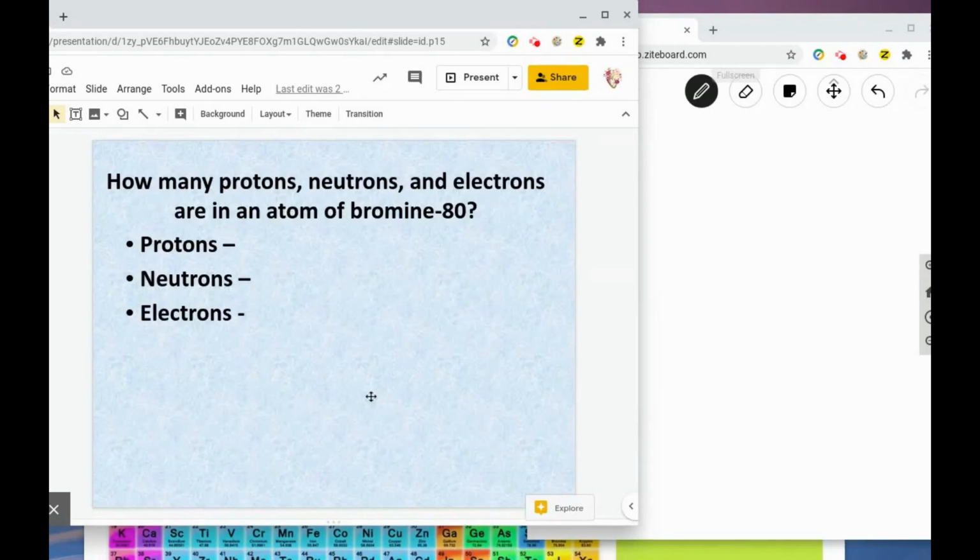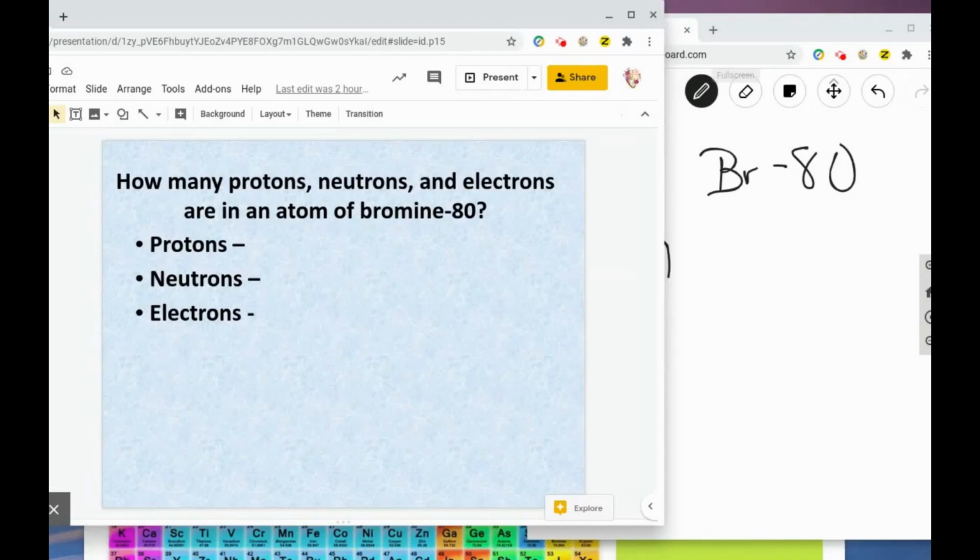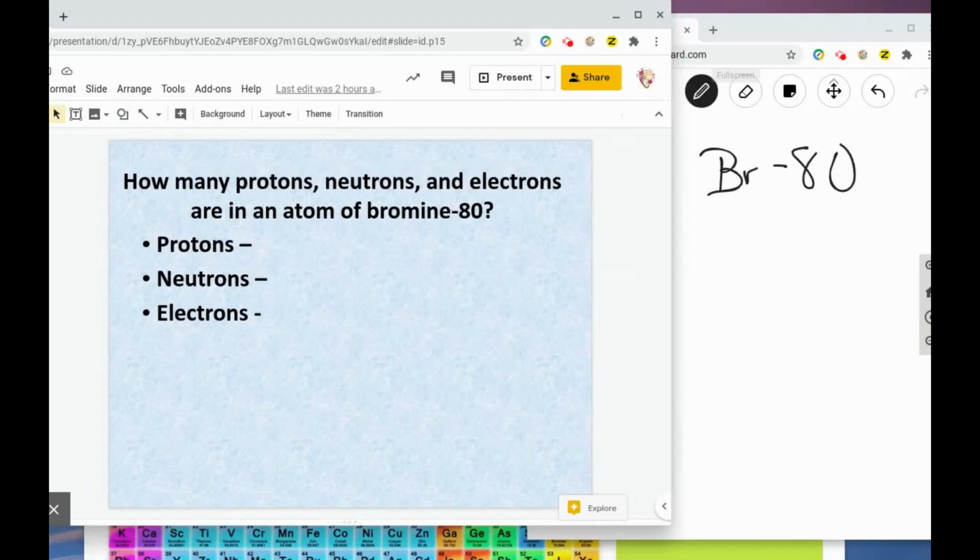What about bromine 80? So we're going to write bromine, and 80 is the mass number. So we need to find protons, neutrons, and electrons.